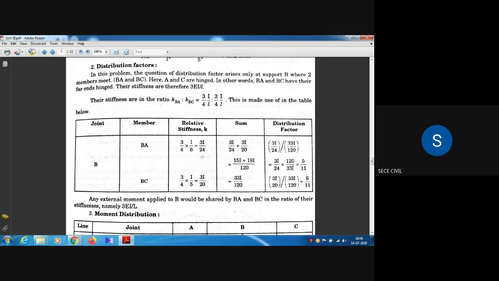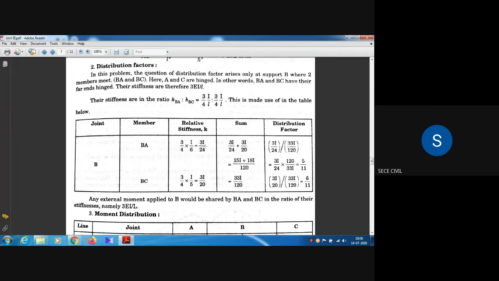Please note it down: the formula for calculating the distribution factor is the relative stiffness of a particular member divided by the total stiffness.